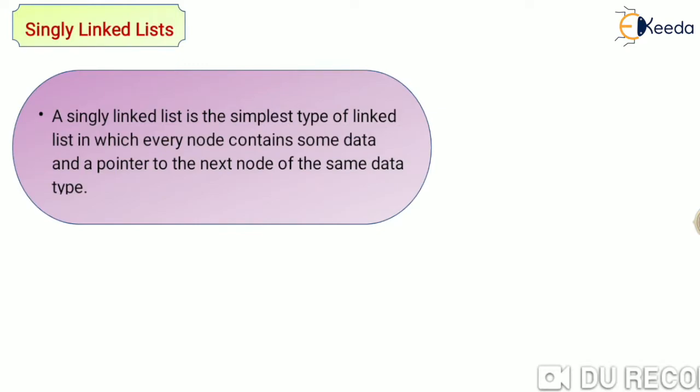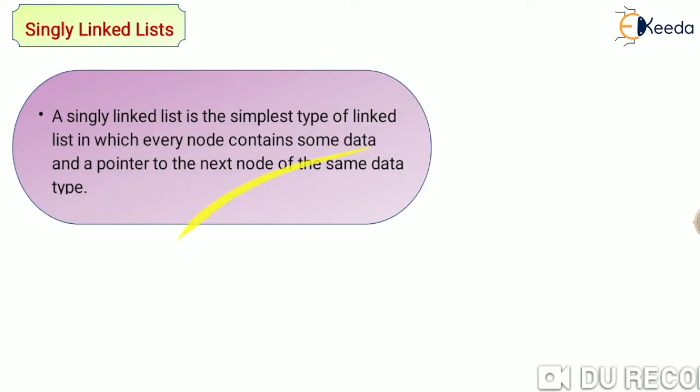As the linked list contains nodes, each node contains the data and a pointer to the next node of the same data type, meaning whatever data type you are using for the element, the same data type is used to store the data. And the pointer points to the address of the next element, which we want next to the previous element. So this is the systematic pattern.